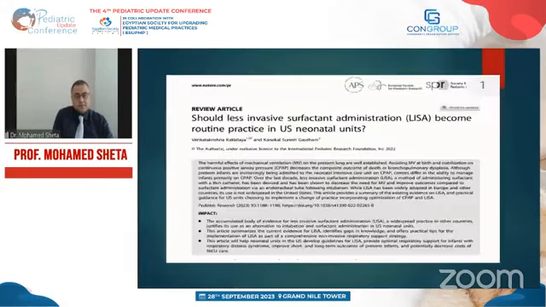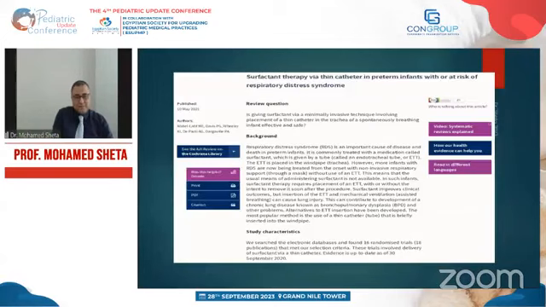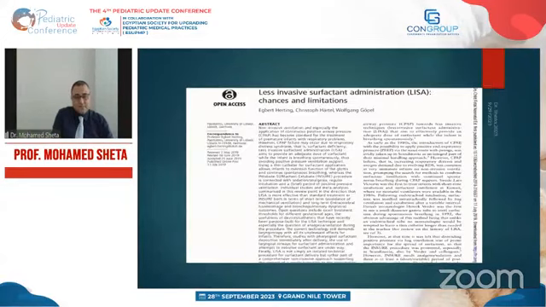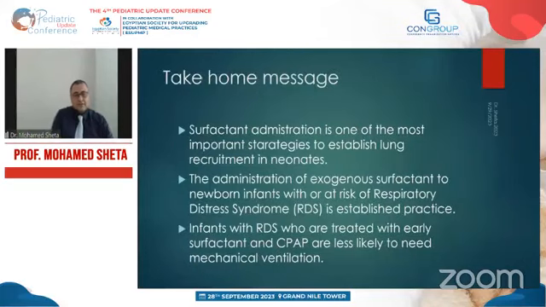This is another study from the US. The US came late to LISA, by the way. In Europe, China, and Asia, they used LISA much earlier than the US. This is another one. So a lot of studies in Europe, Germany, and the US later on.